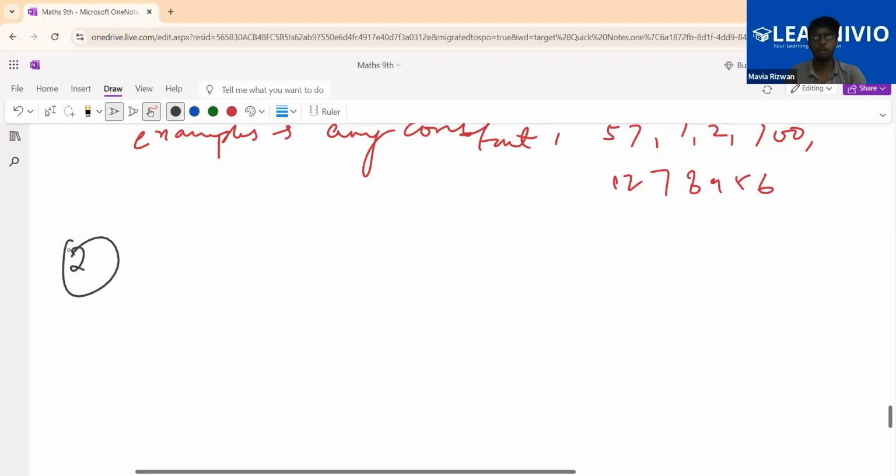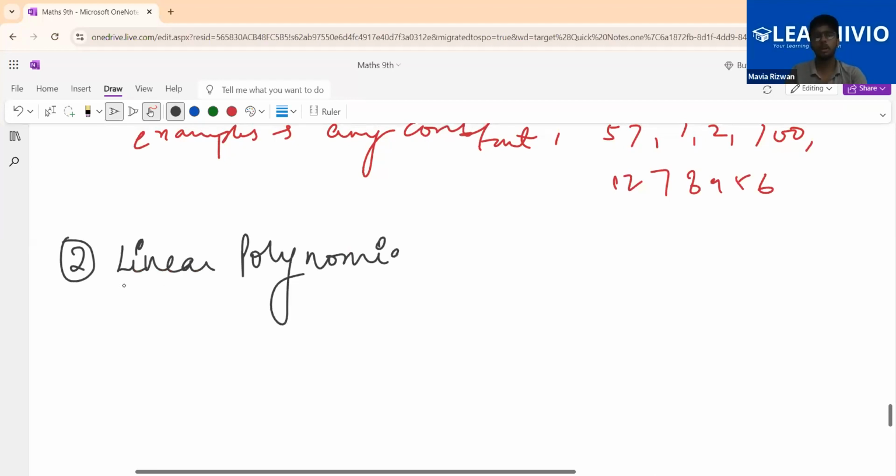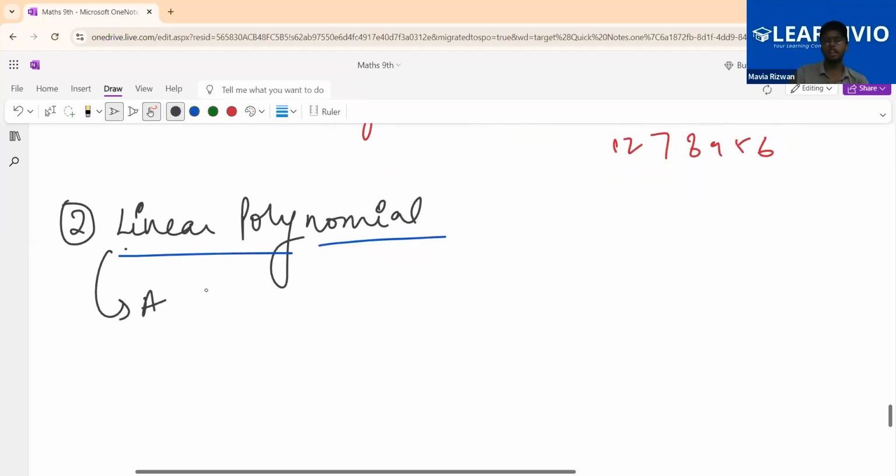linear polynomial. Okay, so linear polynomial is a polynomial with degree. Can you guess? One. Yes, a polynomial with degree one.